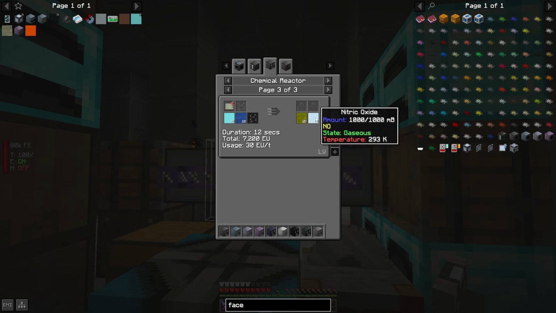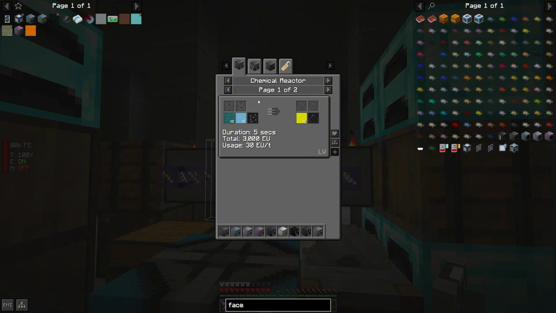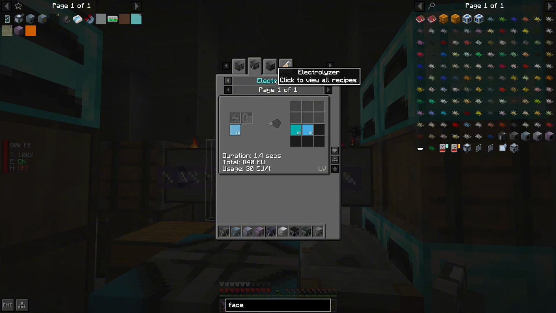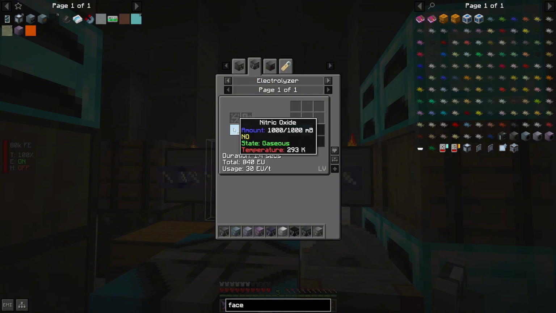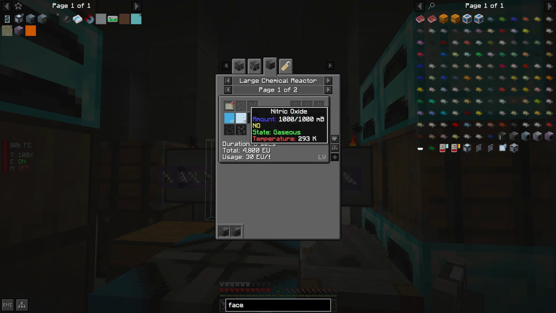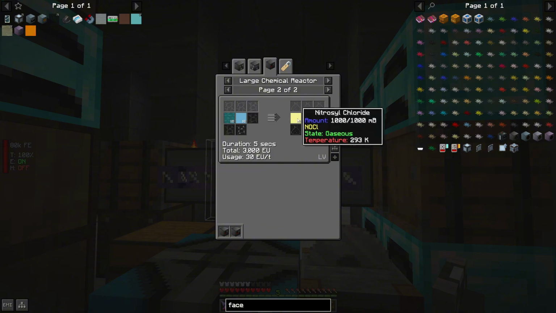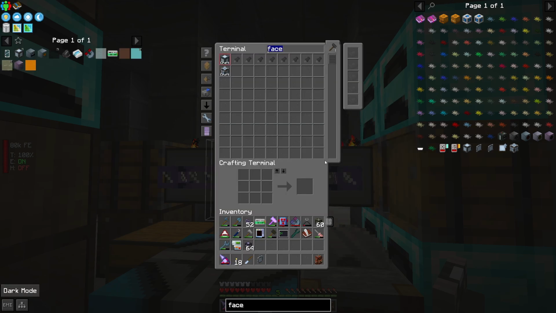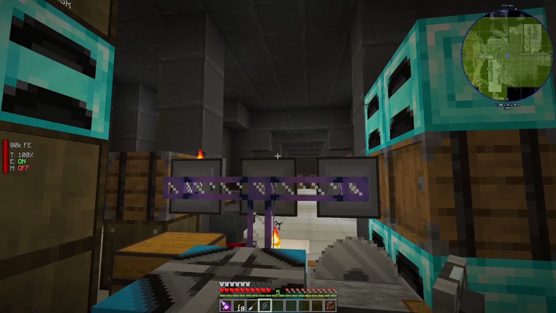Now I don't know if we're going to be needing this for the future, but it would be a way to get back some nitrogen and oxygen, I suppose. But other than that, this nitrosyl chloride, not really sure what that will be used for, but I'm sure we'll figure it out as we go along.